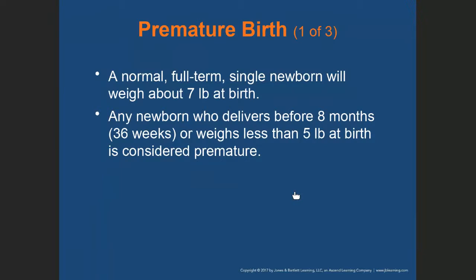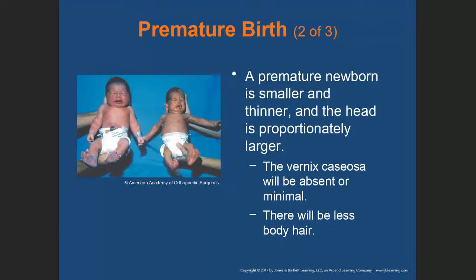Premature birth. A normal full-term single newborn will weigh about 7 pounds at birth. Any newborn who delivers before 8 months, 36 weeks, or weighs less than 5 pounds at birth is considered premature. A premature newborn is smaller, thinner, and the head is proportionally larger.